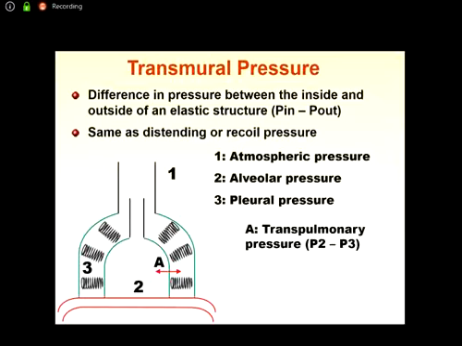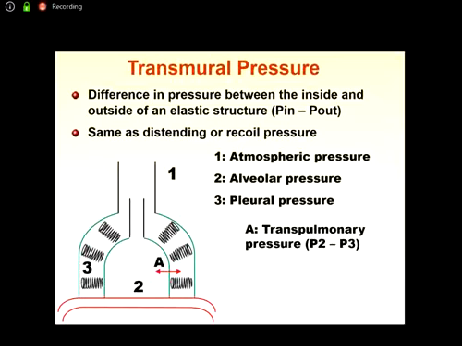So the transpulmonary pressure is the difference between the alveolar pressure and the intrapleural pressure in the pleural cavity. Since the lungs have a tendency to recoil inwards, inflating the lungs requires an increase in transpulmonary pressure. That transpulmonary pressure can be increased 2 ways.